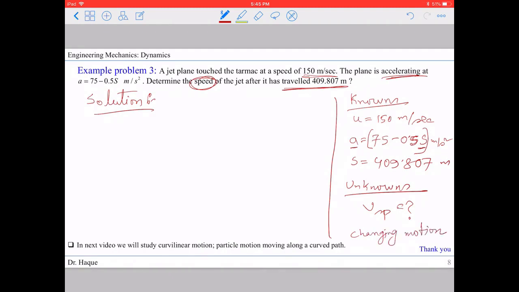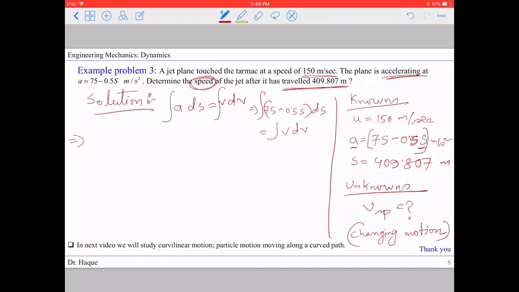We cannot use the constant-acceleration formulas, so we have to use an integral form. To connect acceleration with displacement, we derived in a previous problem that a ds equals v dv, and we can do integration. We can plug in the value of a, that is 75 minus 0.5 s, so (75 minus 0.5 s) ds equals v dv.